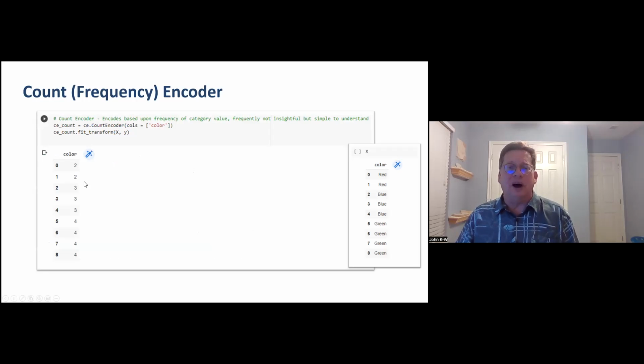The last one I didn't mention is frequency encoder or count encoder, which is how many of a particular instance. So there's 2 instances of red, so that gets encoded as 2s. Blues are 3. If there were 3 instances of green, that would be encoded the same as blue as 3s.